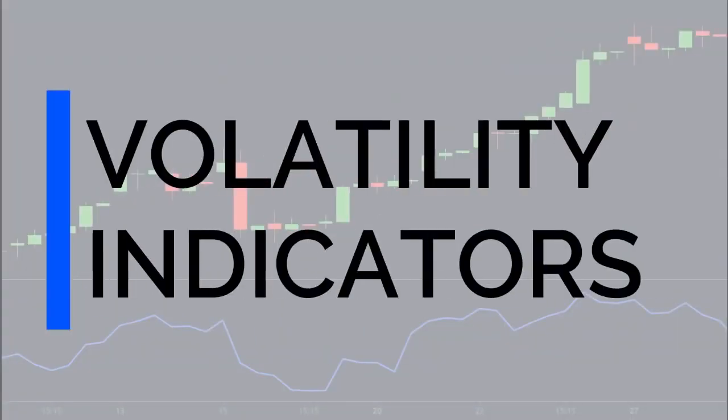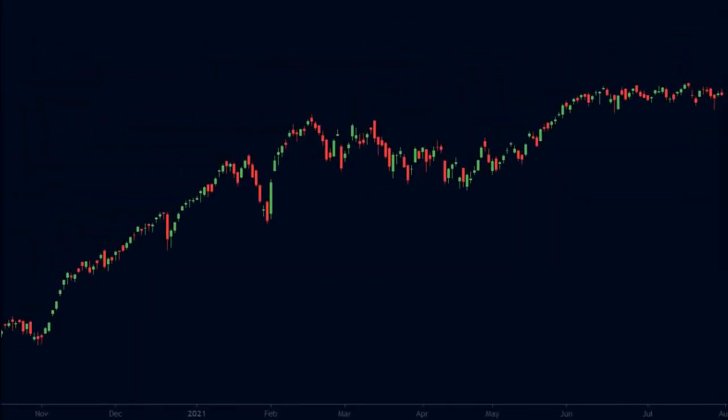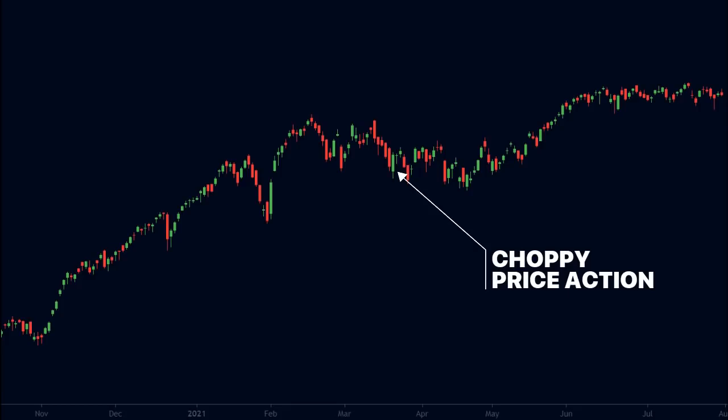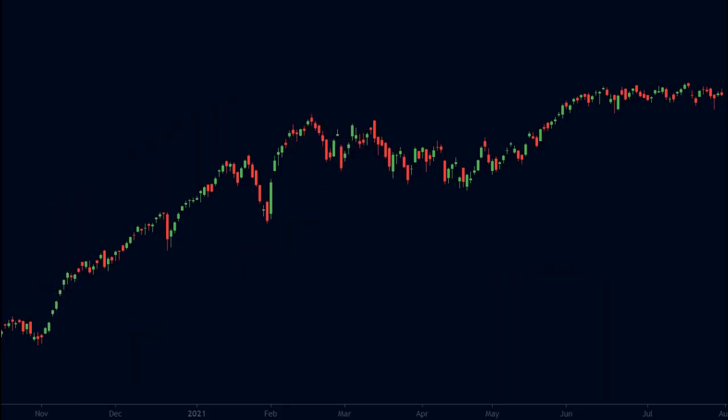Number 3. Volatility indicators. The market generally moves from phases of high volatility to low volatility. This means that the price will sometimes face difficulty in moving in a certain direction. Hence, we see a choppy price action. Other times, the market will move with ease.